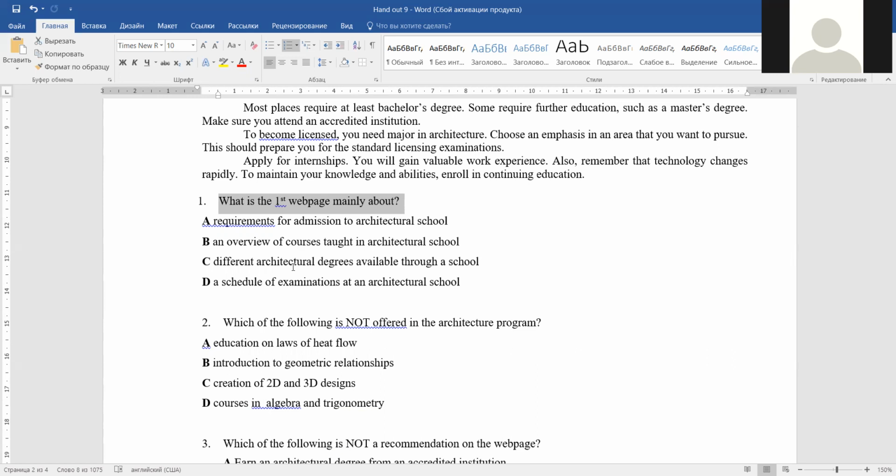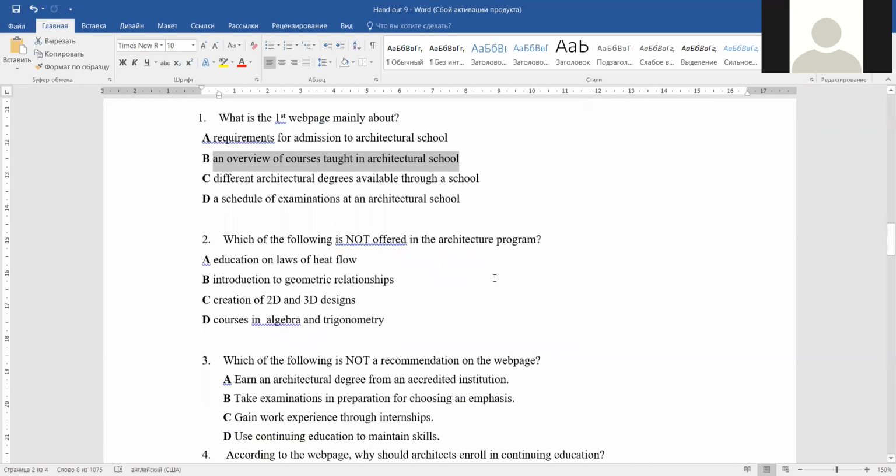You have to choose the answers A, B, C, or D. It is an overview, B. Overview of courses taught in architectural school. How do you translate it? Обзор курсов, которые преподаются в архитектурной школе.